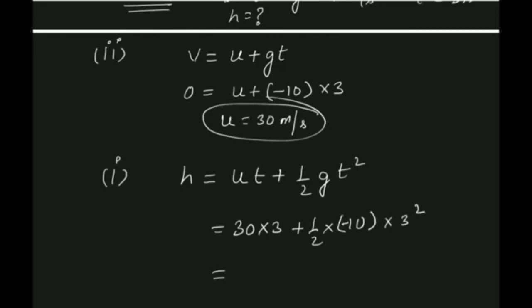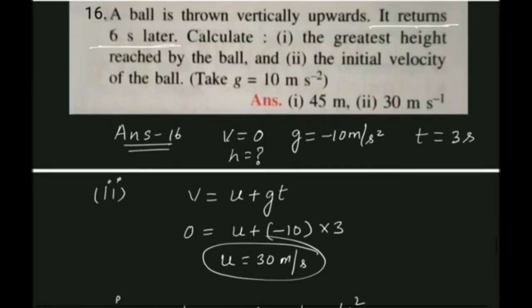So it will be 90 minus 5 into 9, 45. So it's coming 45 meter. So this is the solution of question number 16.